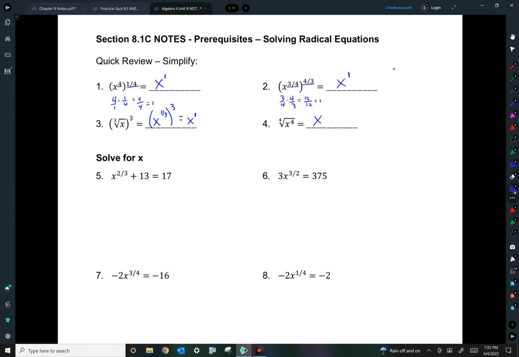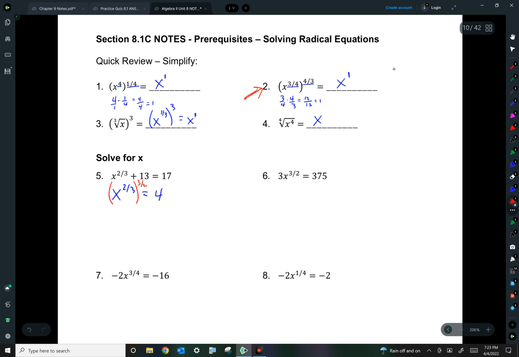All right, so I'm going to start by subtracting 13. So I've got x to the 2/3 equals 4. Okay, well, if I want to get rid of the 2/3, kind of like we did up here on number 2, to get rid of a fractional exponent, we just raise it to the reciprocal power. So I'm going to raise this whole thing to the 3/2.